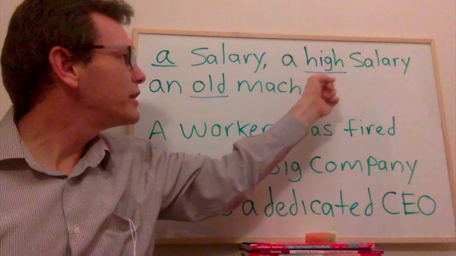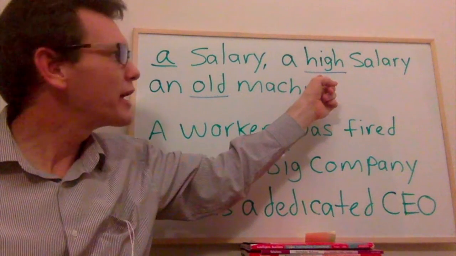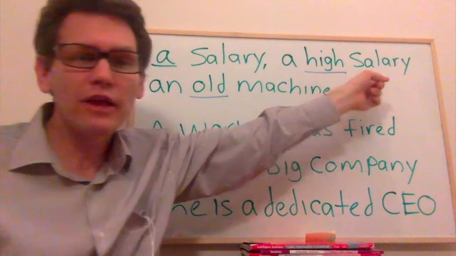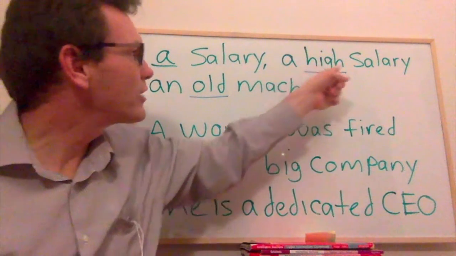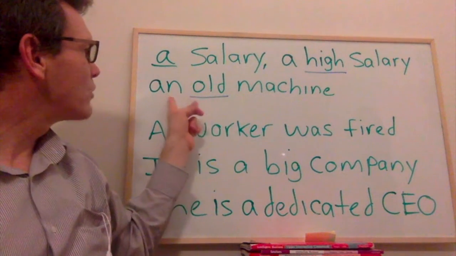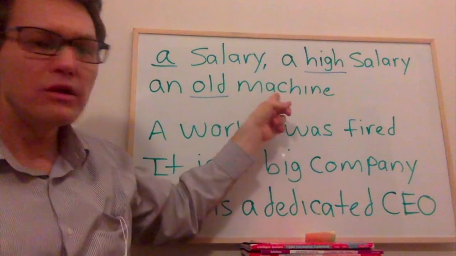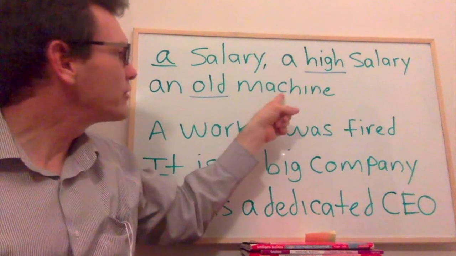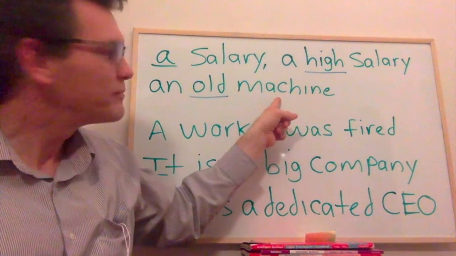So here is the adjective that modifies the singular noun salary. A high salary or a salary. This one here, an old machine. Old is the adjective that modifies the singular noun machine.